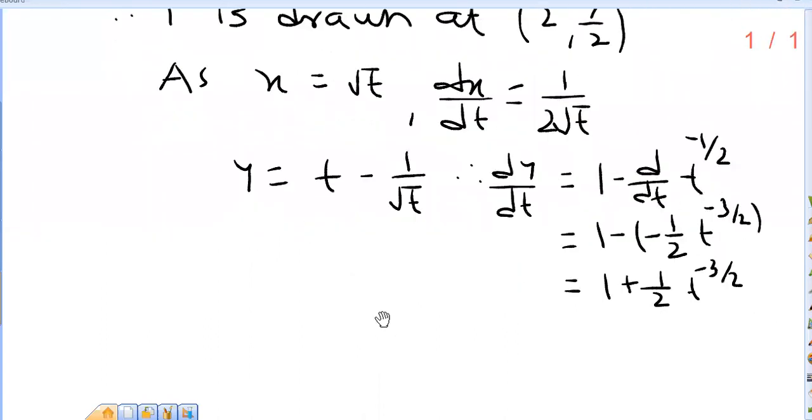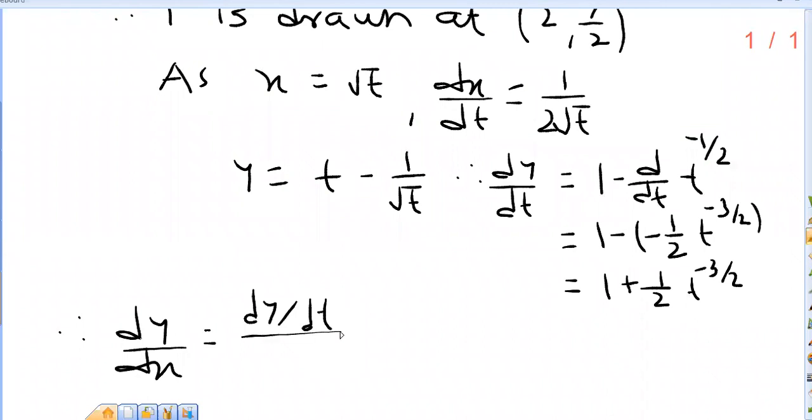Now this is case of parametric. So what is dy dx? Dy dx is nothing but dy dt upon dx dt.